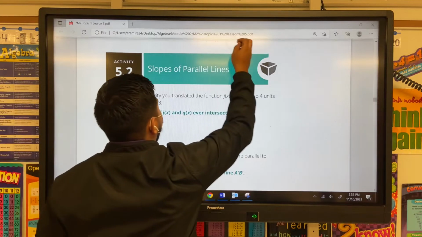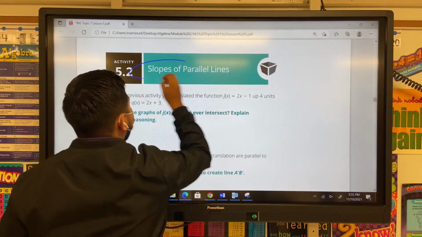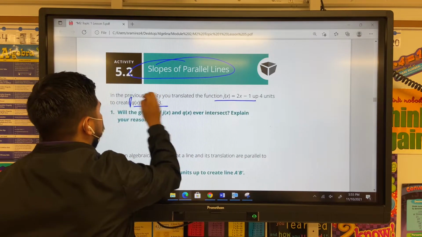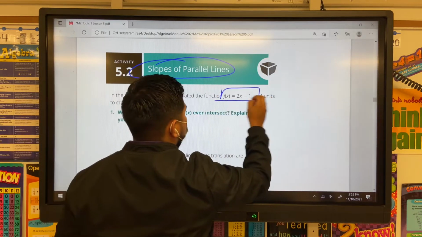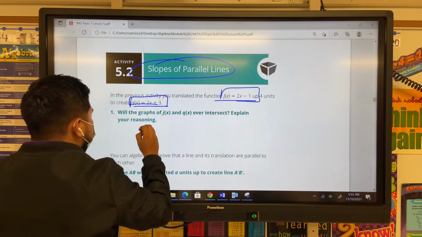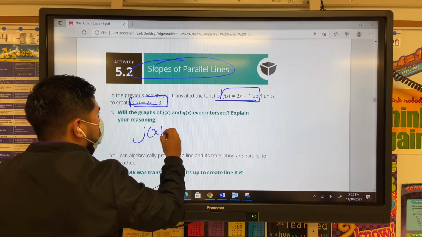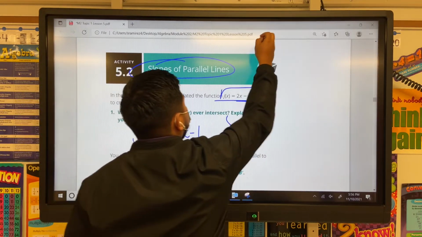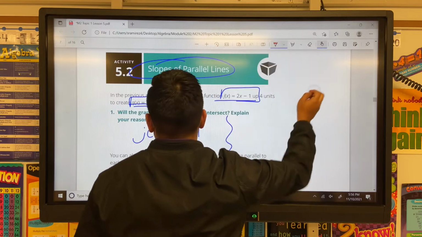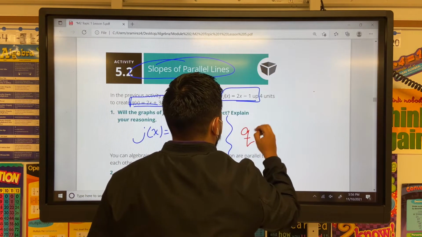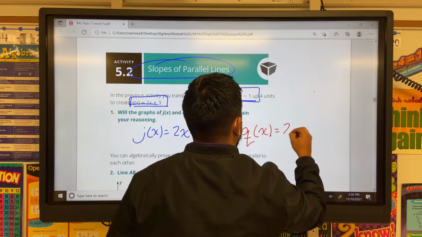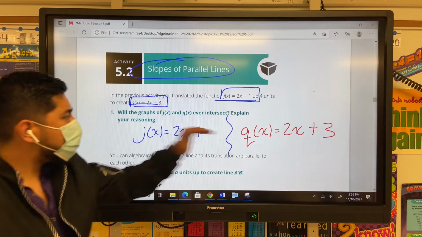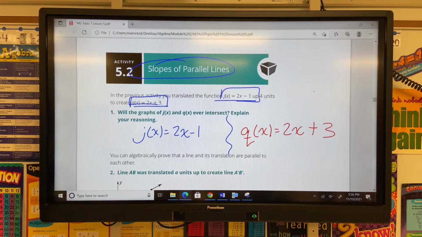Slopes of parallel lines. Gonna talk about it specifically with these two. Okay? If we look at j of x equals 2x minus 1 and q of x equals 2x plus 3, what do these two functions have in common?